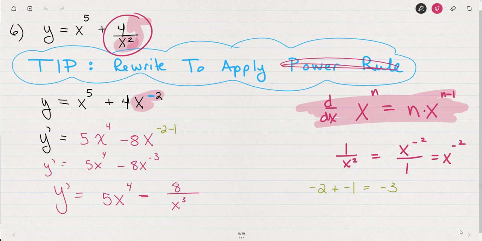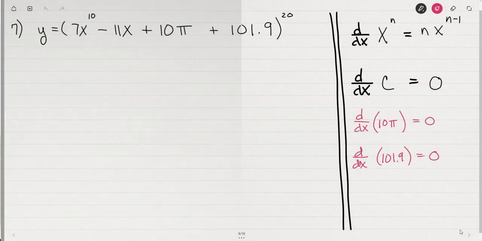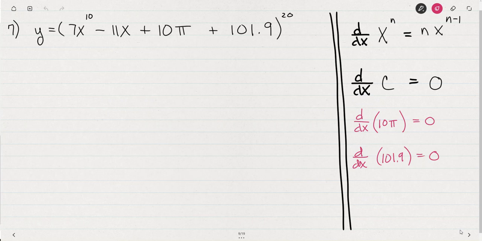Let's look at another example that's a polynomial expanded to the 20th power, and we want to apply the chain rule. Anytime we see a function written in parentheses or in any type of grouping, that grouping might be a radical, or it might be a trig function like the sine of something.